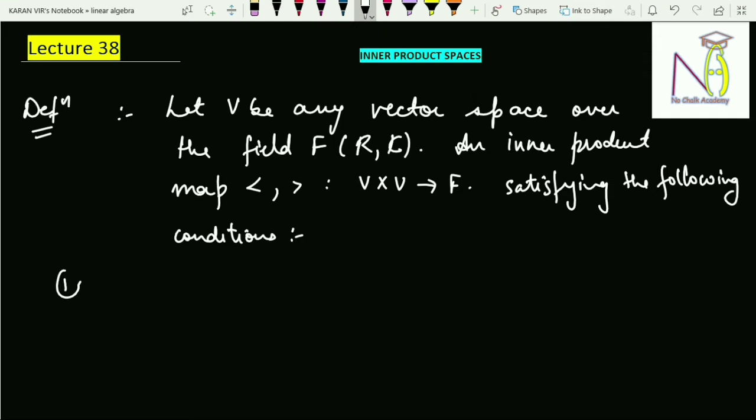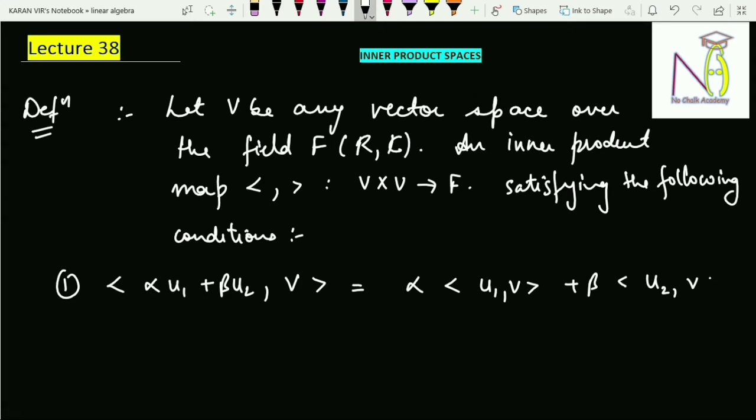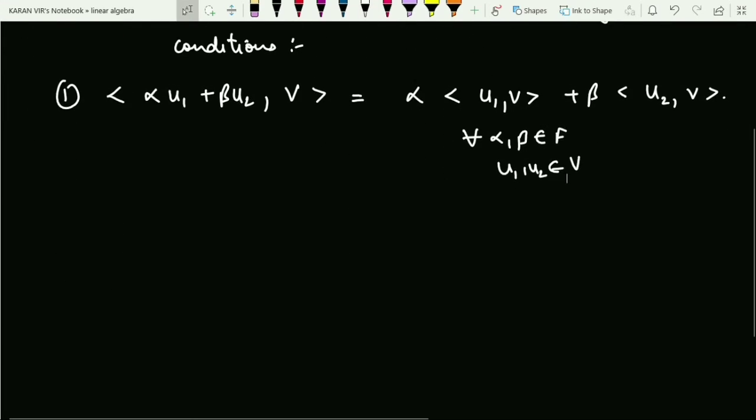The first axiom is, if you take any alpha, beta from the field and compute the inner product of alpha u1 plus beta u2 with v, this comes out to be alpha times the inner product of u1 comma v plus beta times the inner product of u2 comma v. So this holds for all alpha, beta coming from the field and u1, u2 coming from the vector space V. That is the first property.